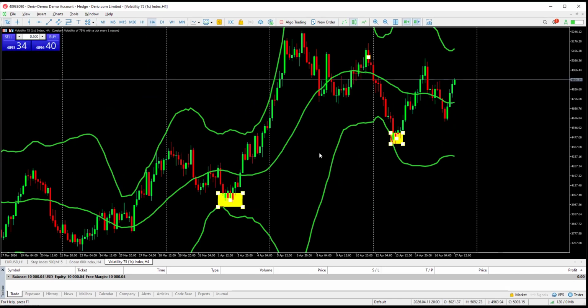We can see that whenever the price touches the lower line, this green line, the lower Bollinger Band, whenever the candles touch it, there is a high chance of going up. Can you see this?